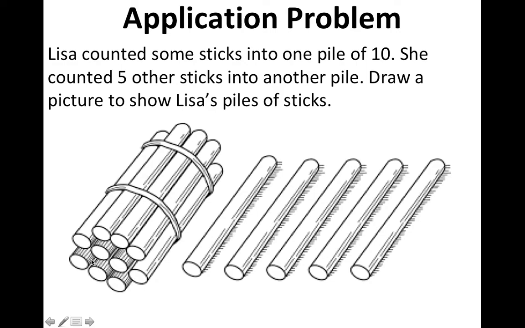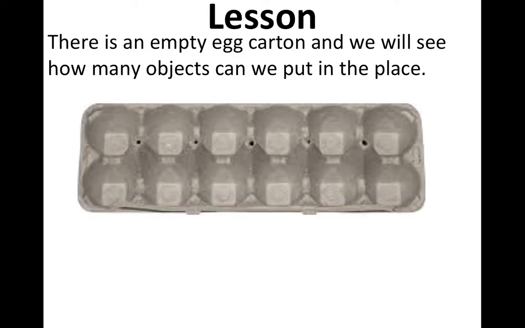It's automatically 10. Then Lisa had 5 other sticks, just like I laid them out like that. So I know Lisa had a pile of 10 and, in this case, 5 other sticks. Let's get started with our lesson.